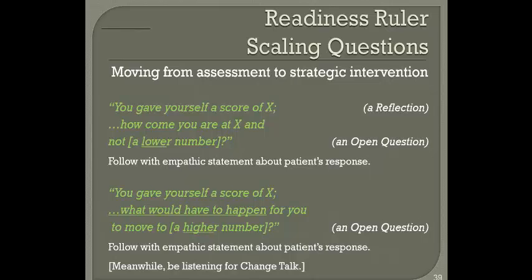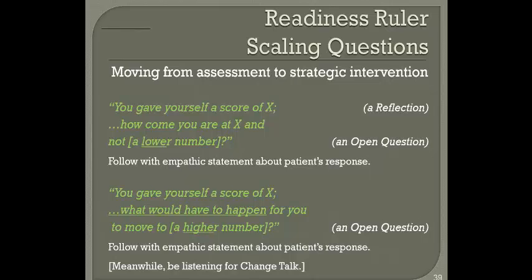Not to be too confusing, but I want you to hear the difference between the wordings. If I word that last question similarly to the one before, I'll give you the example, it will not lead to change talk. So for instance, if I said, so you gave yourself a score of a 6, how come you're at a 6 and not, let's say, at an 8 or a 9?